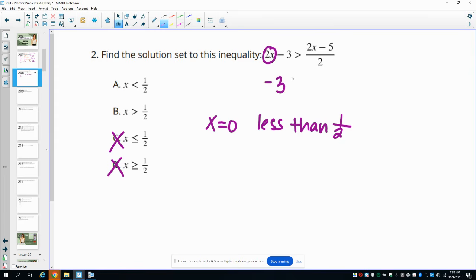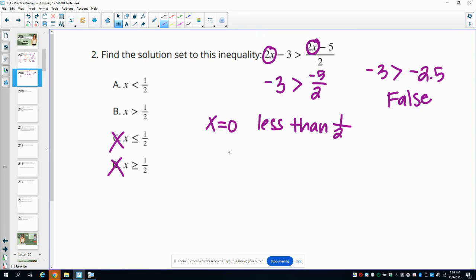Minus 3 is negative 3. So then let's see if that's greater than when we plug 0 in on this side. So 2 times 0 is 0. So we have 0 minus 5 is negative 5 divided by 2. So as a decimal, that number is negative 2.5. So this is saying that negative 3 is greater than negative 2.5, which is false.